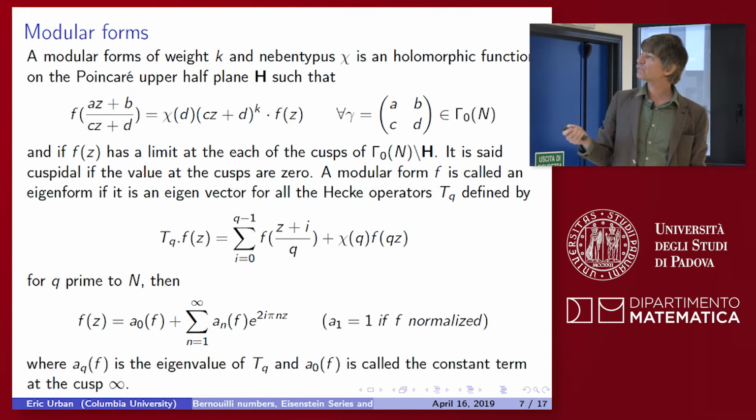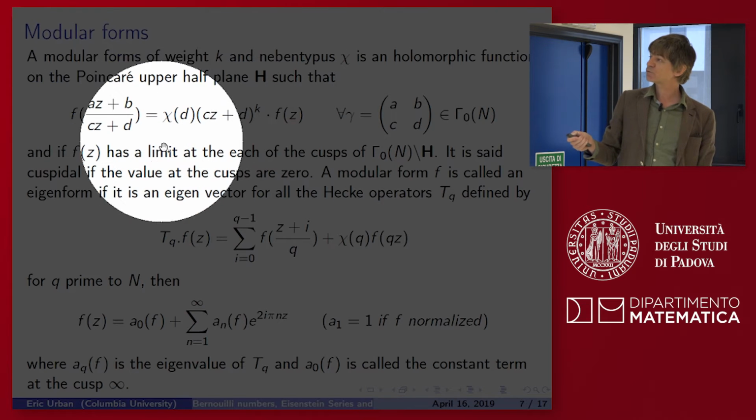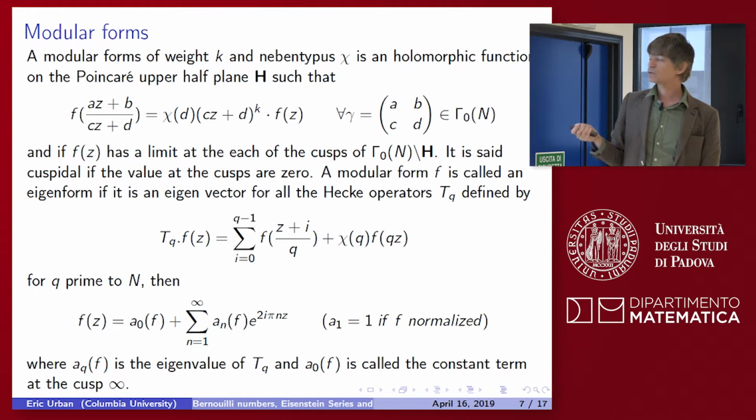So a modular form is a function that satisfies this transformation. And there is another condition: f(z) has a limit at each cusp of Γ0(N). The quotient of H modulo Γ0(N) gives you a hyperbolic surface which has cusps. It's not compact, but you can compactify it and make it a Riemann surface.